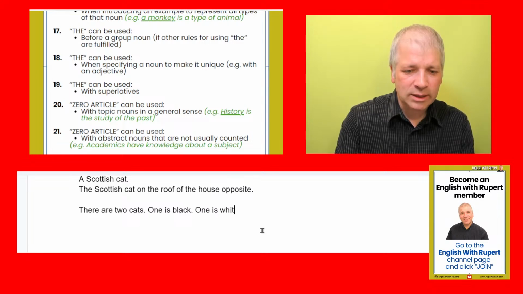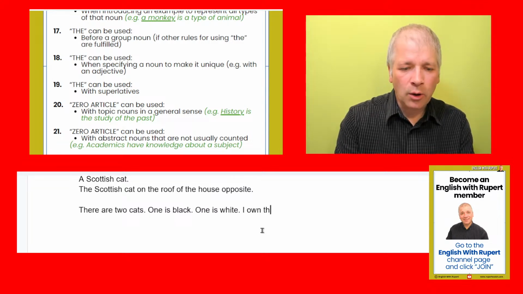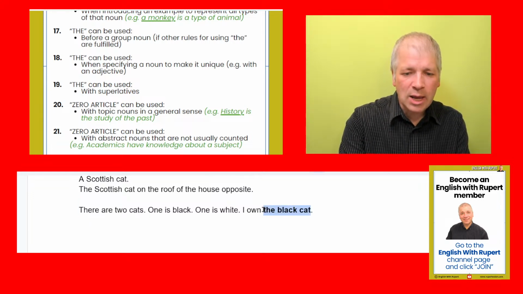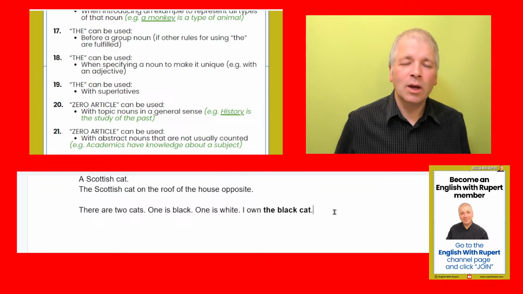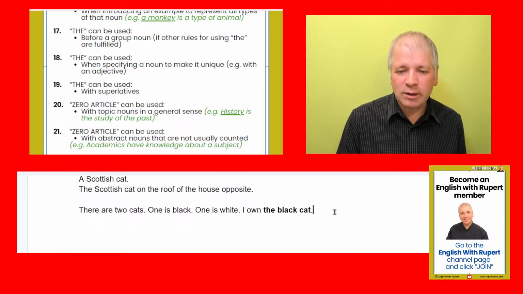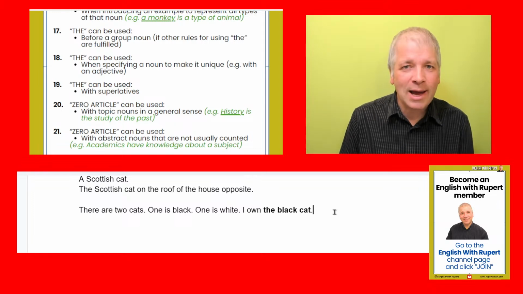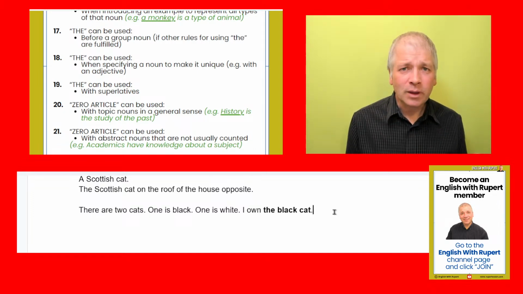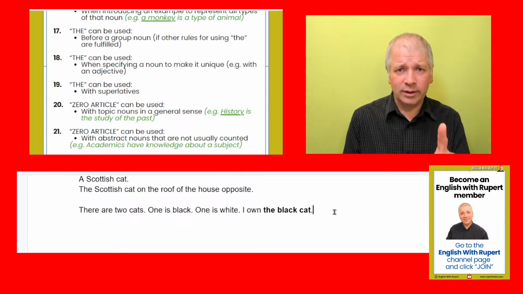One is white. I own the black cat. So here we know that there's only one black cat because I've just told you there are two cats. One is black, one is white. I own the black cat. So here the adjective limits and brings it down to just one cat.